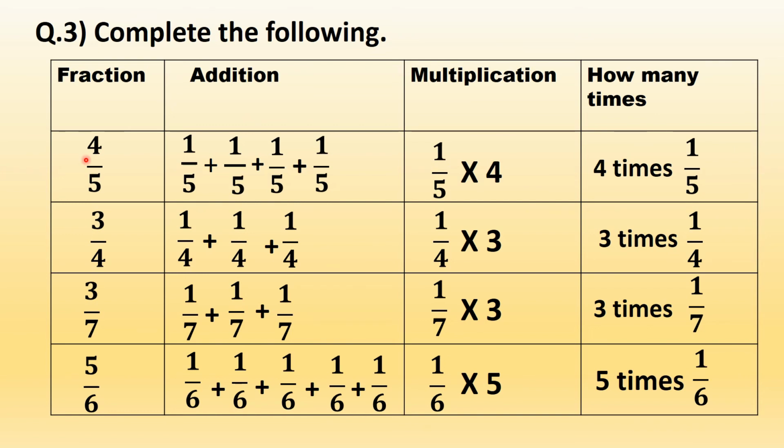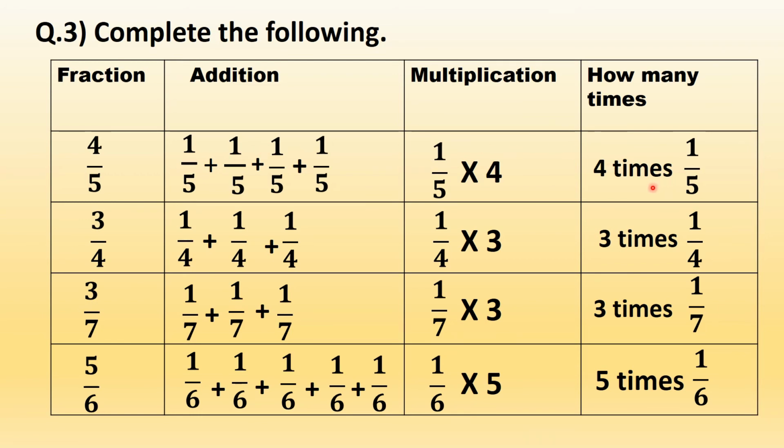Students, I told you equal division of 4 objects among 5 people, means 4 parts out of 5 equal parts of an object, which means 1 upon 5 four times, which also means 4 multiplied by 1 upon 5 or 4 times 1 upon 5.